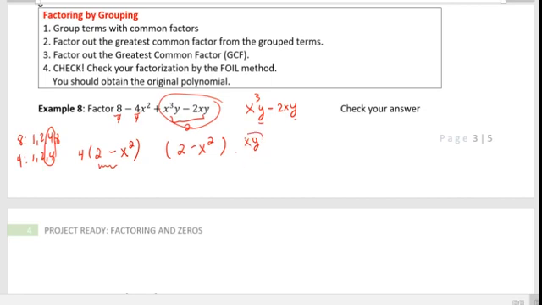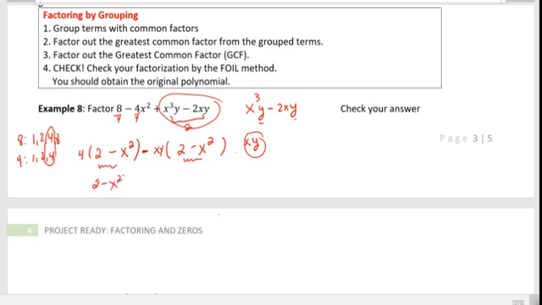And so I'm going to factor out an xy. So if you notice now, xy times 2 would give me a 2xy, but I need the 2xy to be negative. So I'm going to put a negative here. So negative xy times 2 gives me a negative 2xy. Negative times a negative is a positive, and x times x squared is an x cubed, and we get x cubed y.